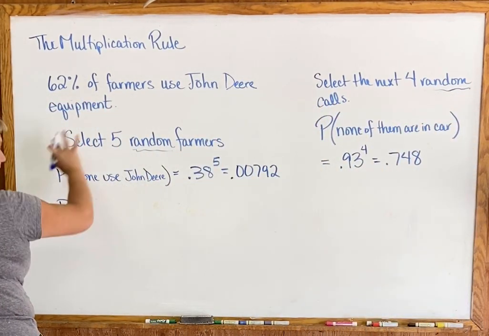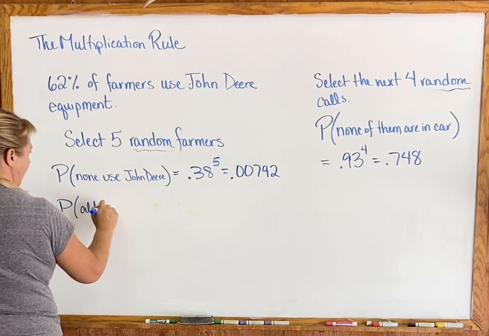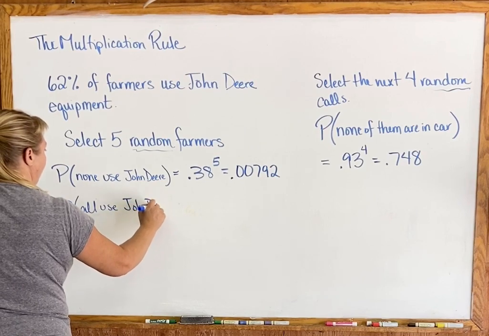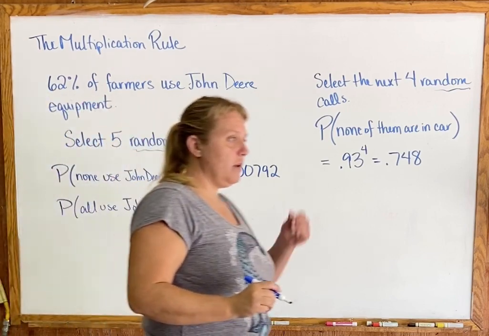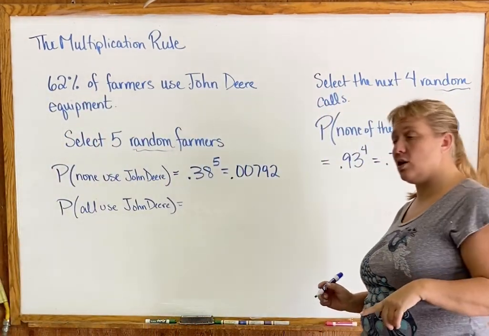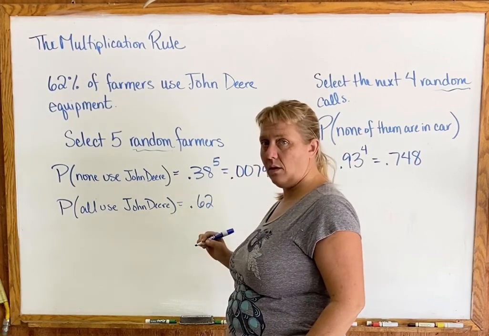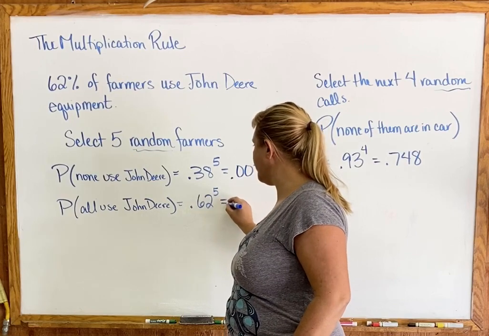What's the probability, still selecting 5 random farmers, what's the probability that all of them use John Deere? So what's the probability that the first one uses John Deere? That's going to be 0.62, right? Okay. And how many times do we want that to happen? 5, right?